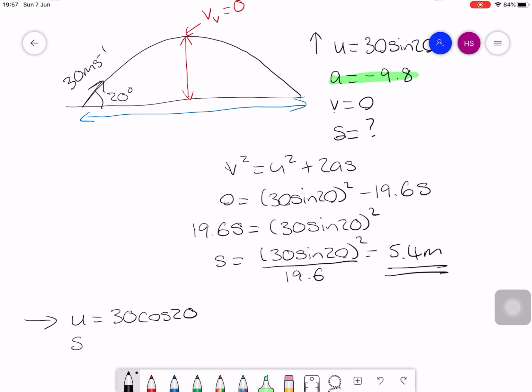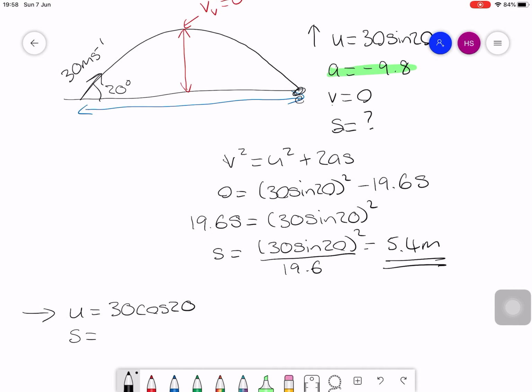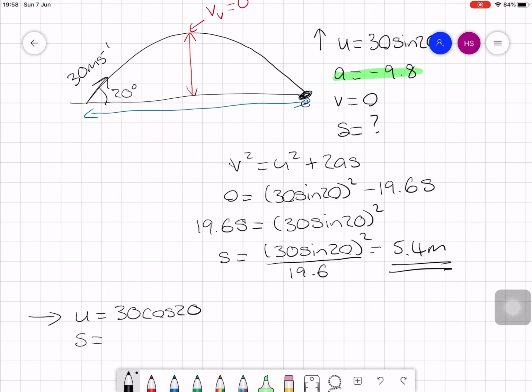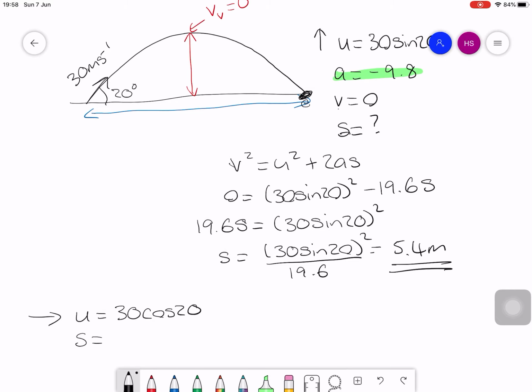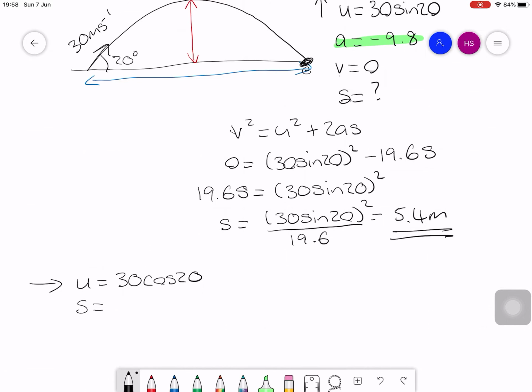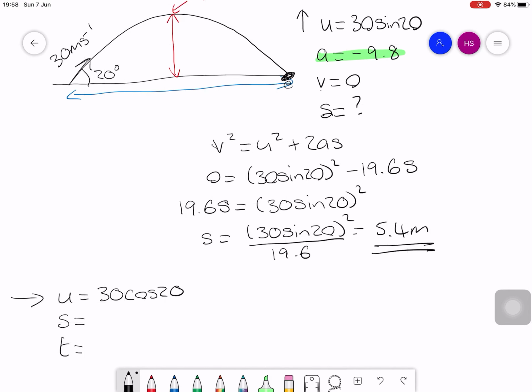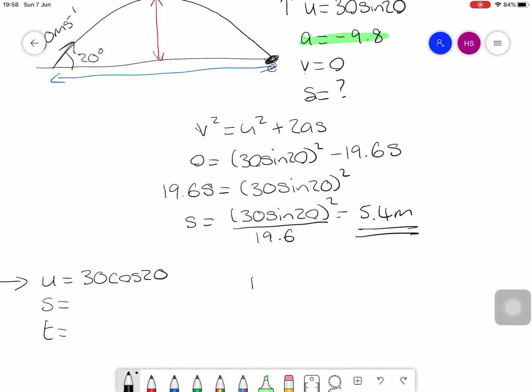So displacement in the horizontal direction is what I want, but the problem I've got is I don't know what the time is. So I'm going to have to think vertically so that I can find how long it takes before it hits the ground. So I'll come back to that. Let's think vertically.